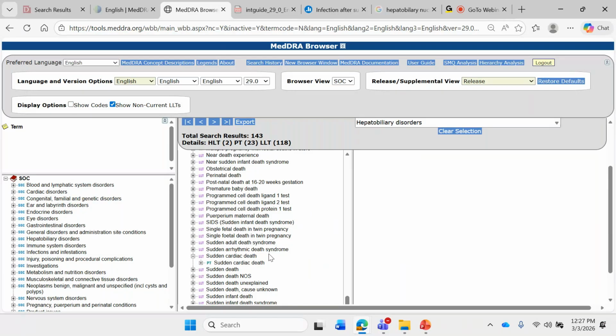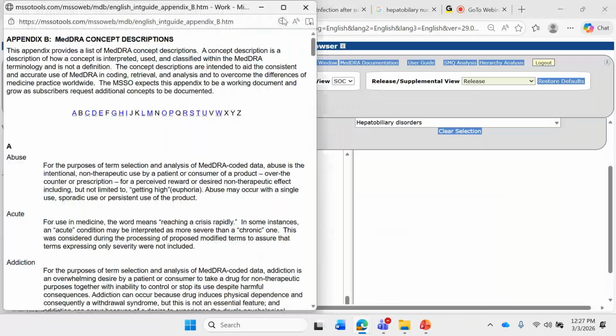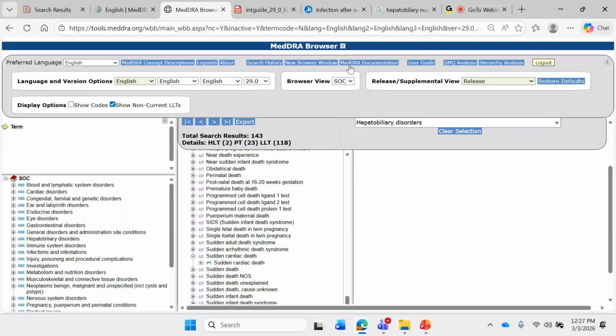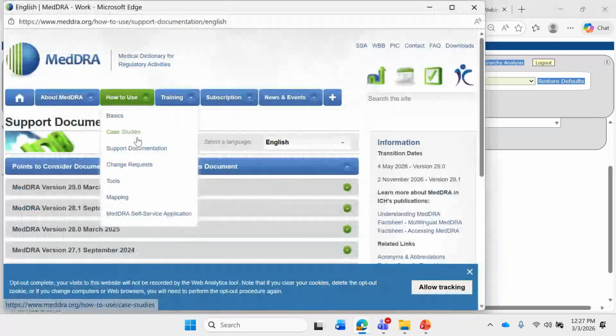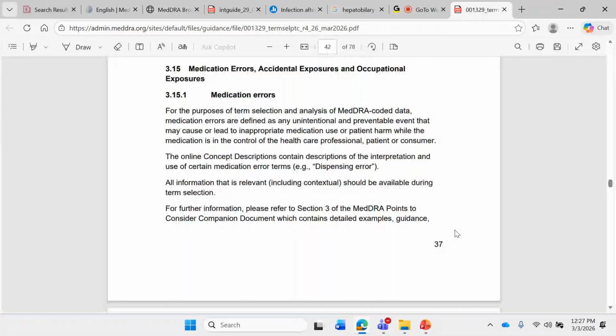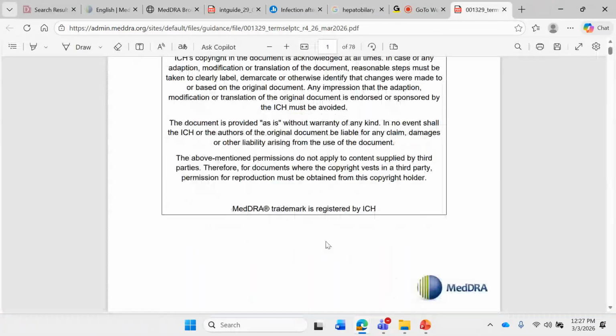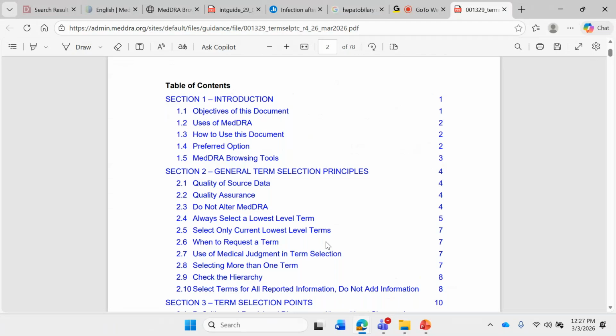You can go to, let's see what it is, not concept descriptions, but the MedDRA documentation, and you would go to the how to use support documentation. Under the PTC, we open up the document that we're talking about today in detail, and I would go to my section on death. Here it is.